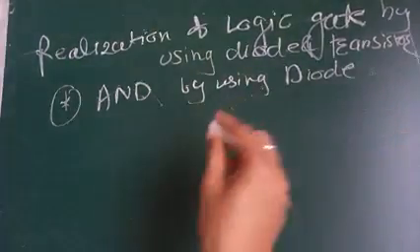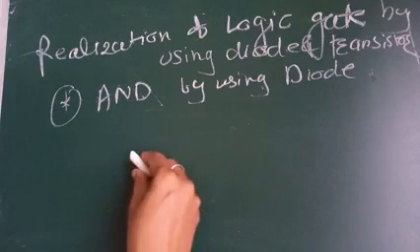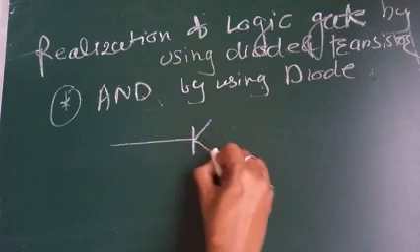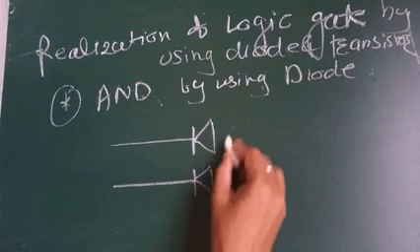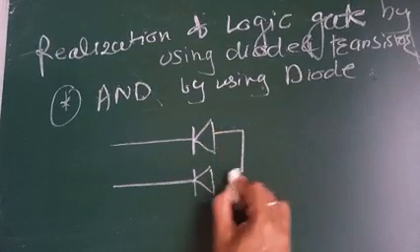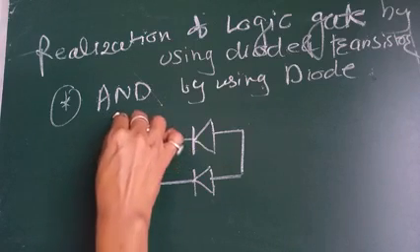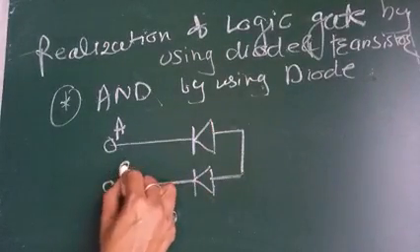Okay, so I am going to start realization of the AND gate by using diodes. For that purpose, let us consider one figure that I am going to draw here. Let us consider two diodes like this. This is diode 1 and this is diode 2. The anodes of the two diodes are shorted here. The first diode's cathode is connected to the A input, whereas the second is connected to the B input.